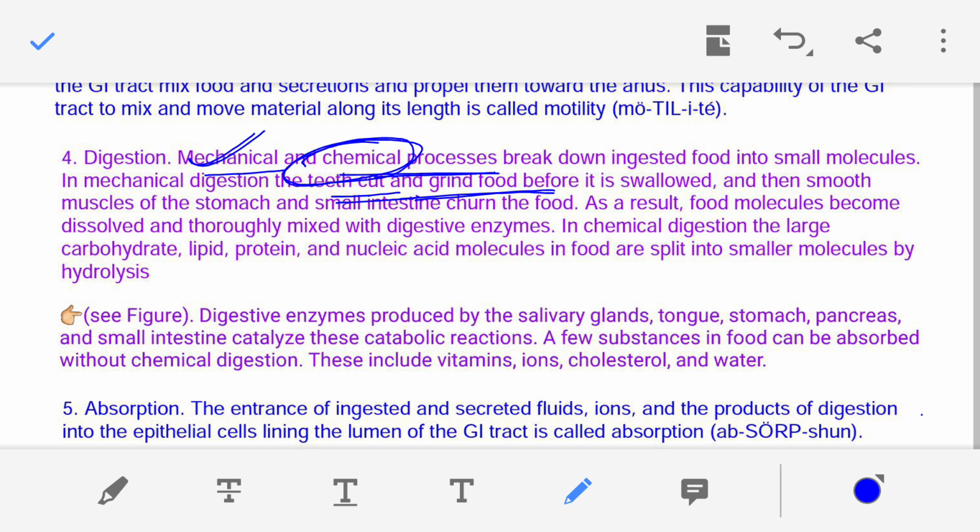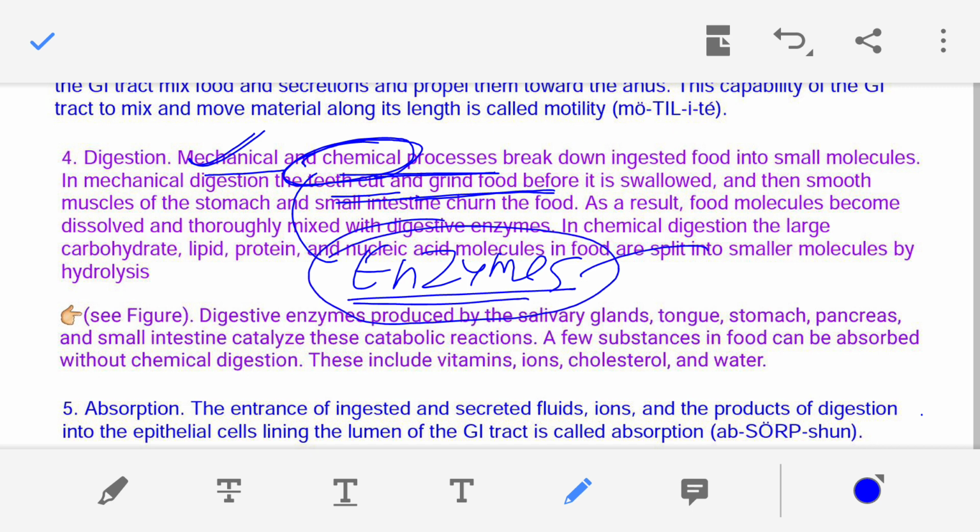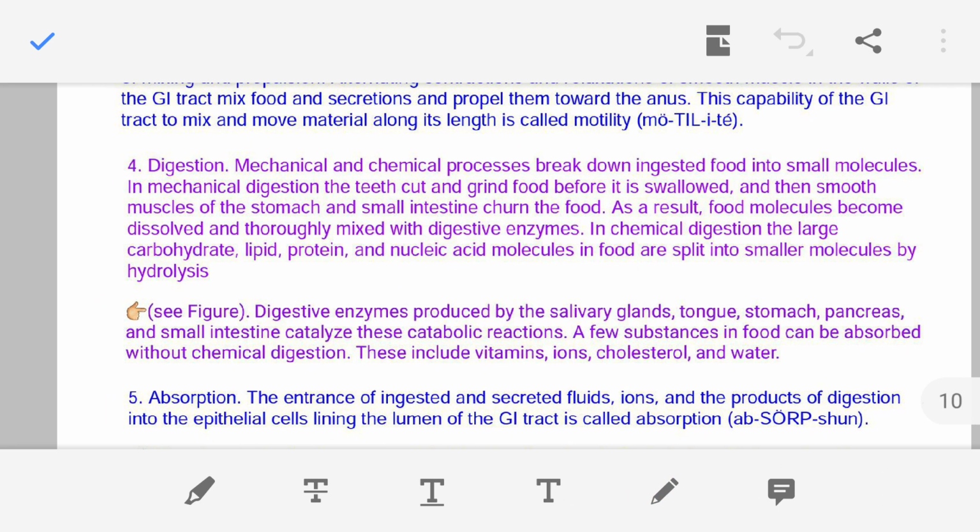Then the chemical digestion. I have already explained to you about the chemical digestion, the digestion which is taking place with the help of various enzymes, of the secretions of the stomach, small intestine, bile, and pancreatic juice. So the digestion which is taking place in the GI tract with the help of enzymes is known as chemical digestion.